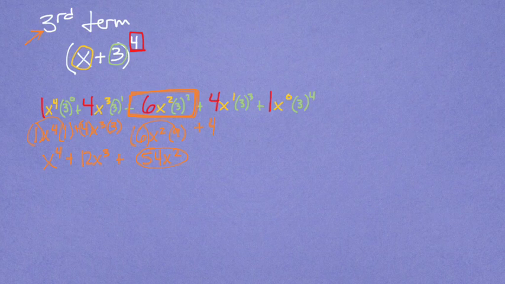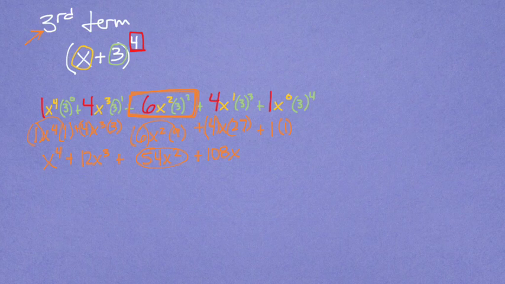Here we'd have 4x, 3 to the 3rd is 27. So 4 times 27, I know 27 times 3 is 81. 27 times 2 is 54, so that would be 108. So 108x.